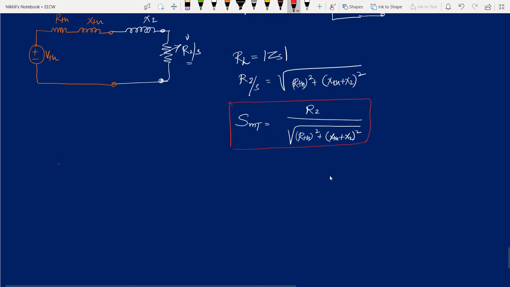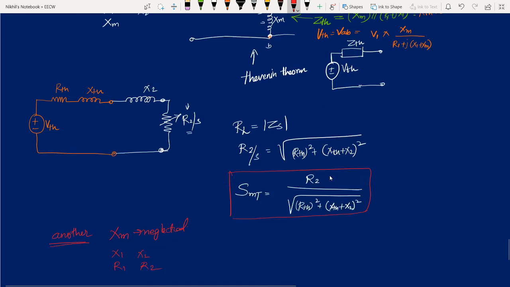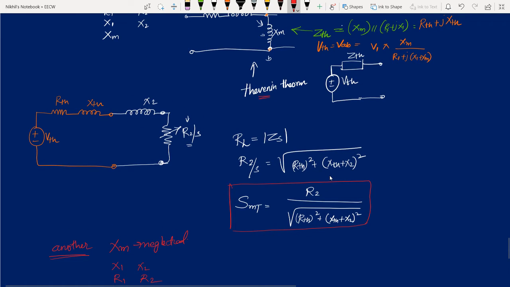Now there may be another case. The question may be asked where the magnetizing branch is neglected in the stator. What does this mean? The given parameters are X1, R1, X2, R2, that's it. Now the equation is very simple. If there was no XM, I need not apply any Thevenin theorem, isn't it?